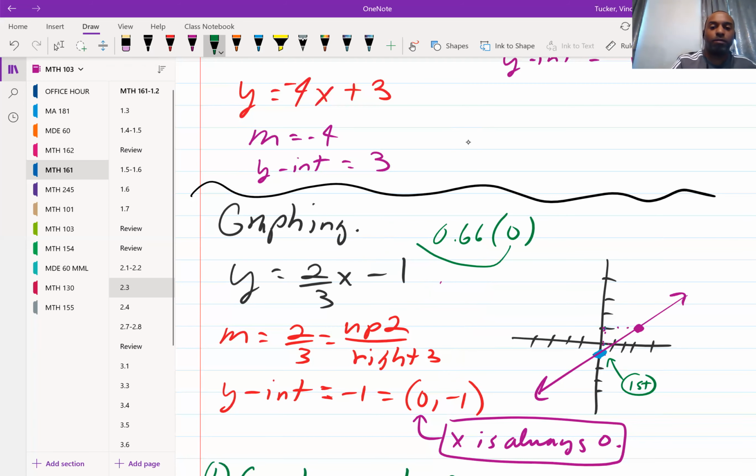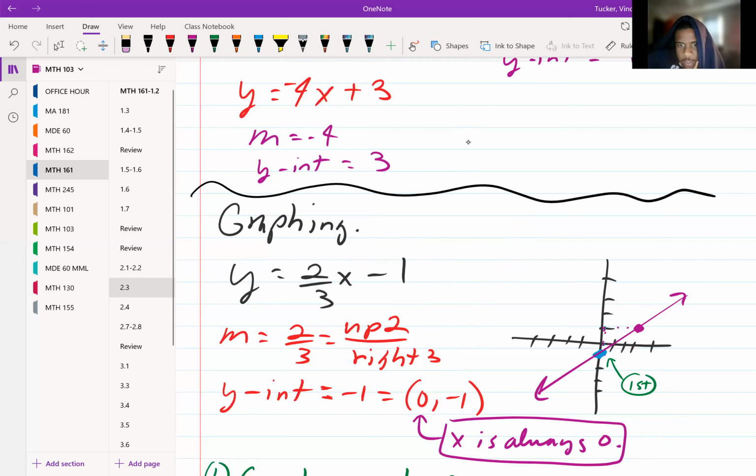When you plug 0 into your function, what's left is your y as far as your coordinates are concerned. Switching it around to solve for x is what you'd do if you were trying to find the x-intercept, but we don't need the x-intercept in this case.